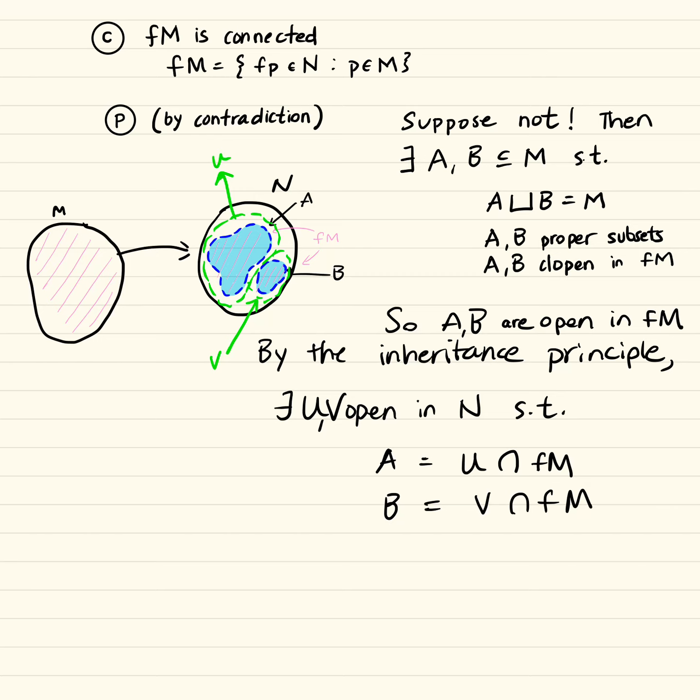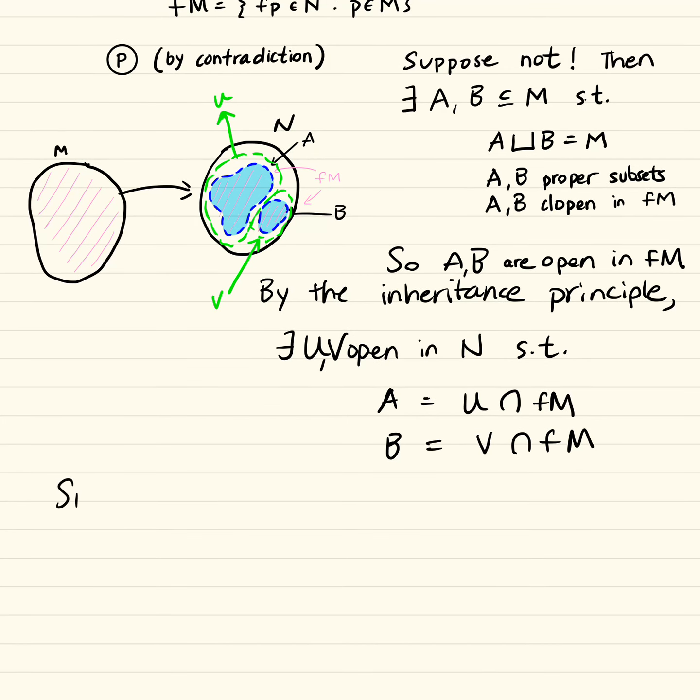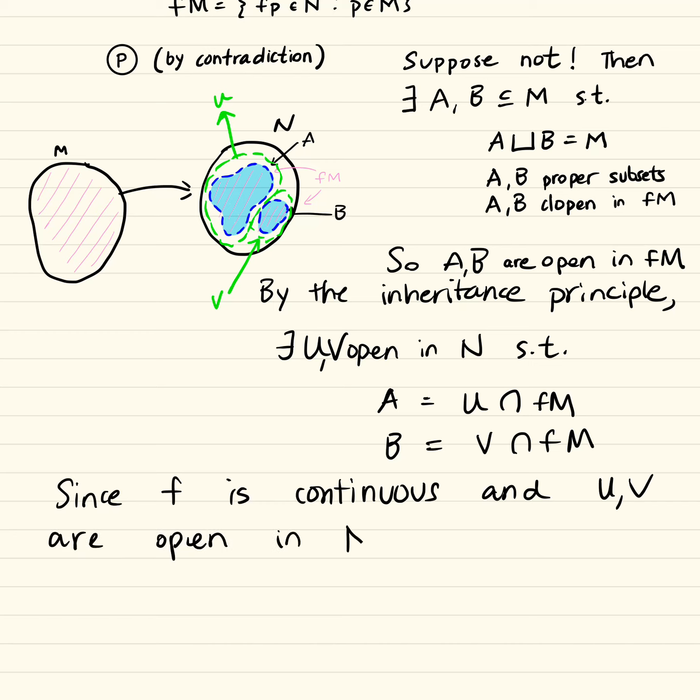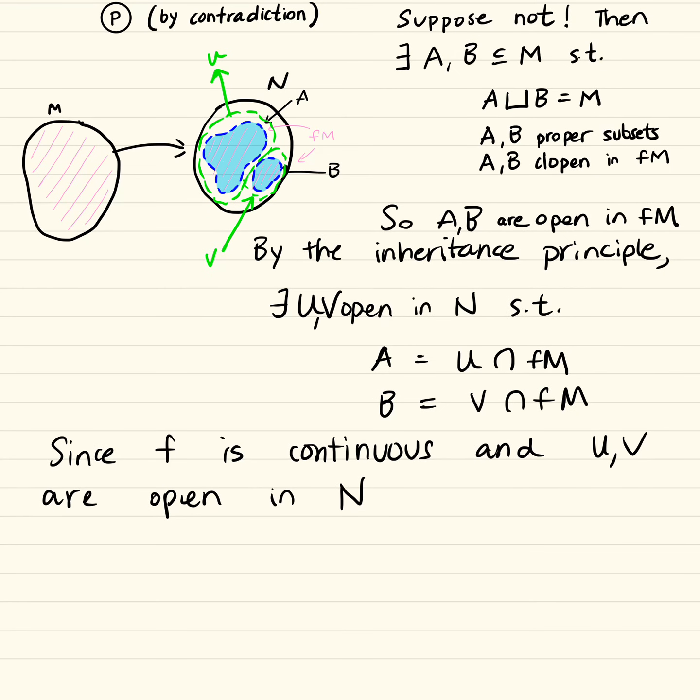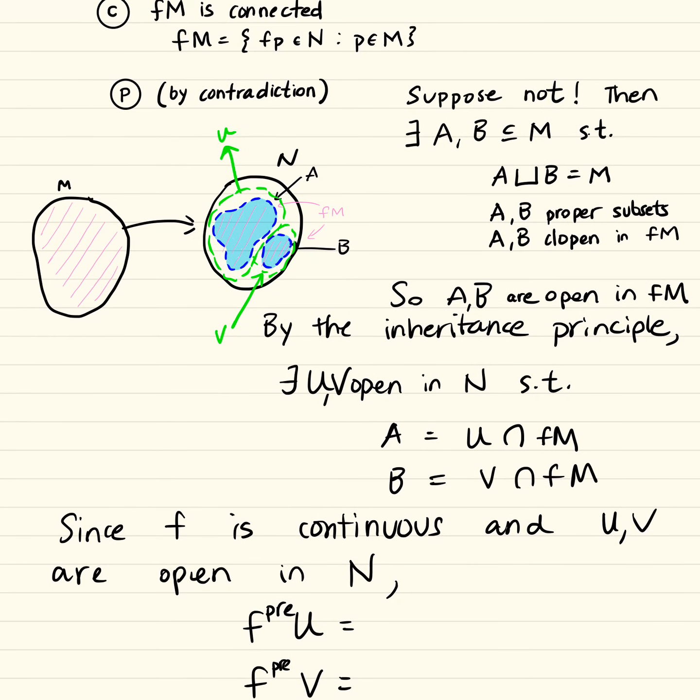The preimage of an open set is an open set. So since f is continuous, and U and V are open in N, the preimage of U and the preimage of V are both open in M.